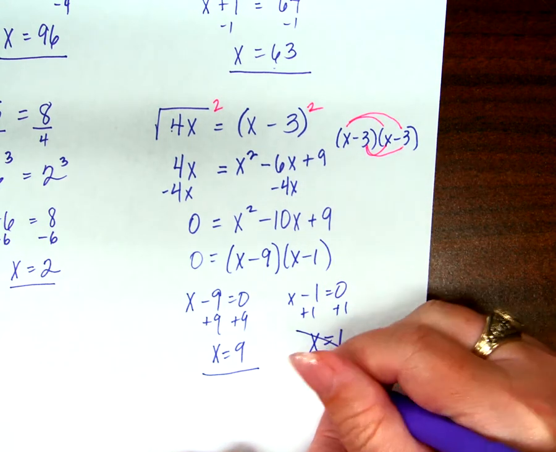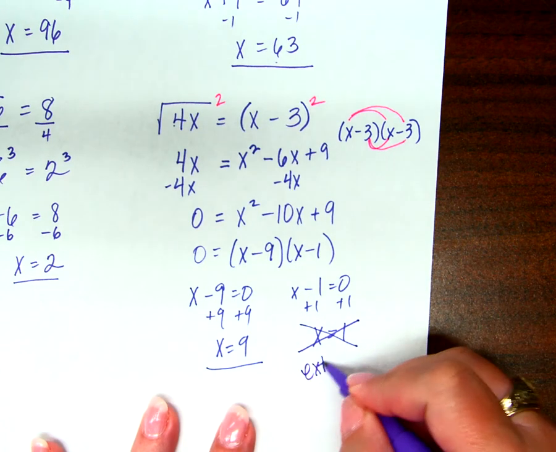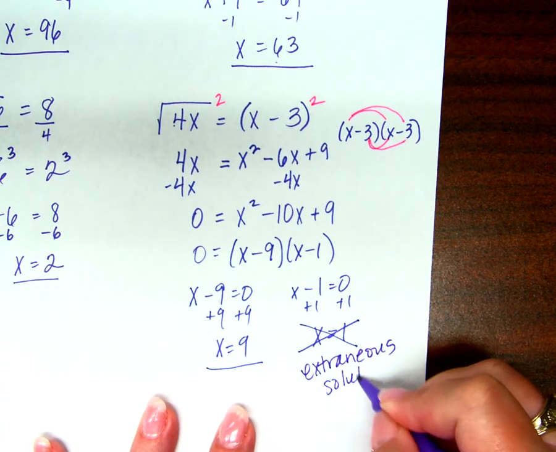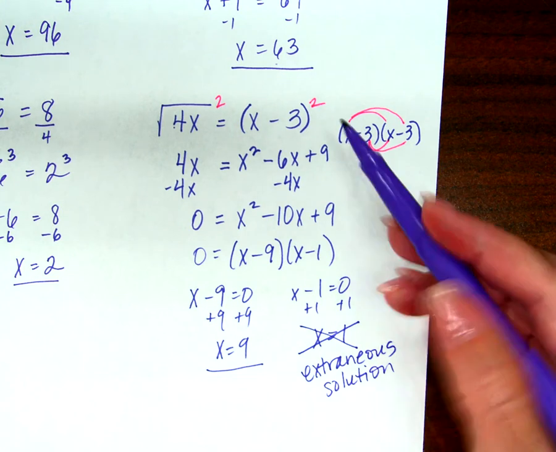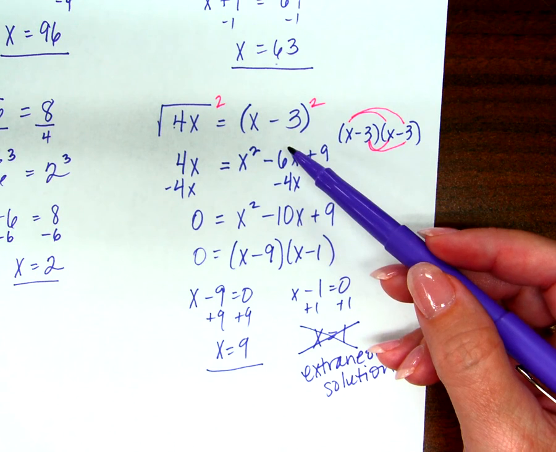This answer right here is called an extraneous solution. It's an extra solution that we got when we were solving the problem, but it doesn't work. In this particular problem, it's because we squared stuff. What happens when we square stuff? What shape does it make?